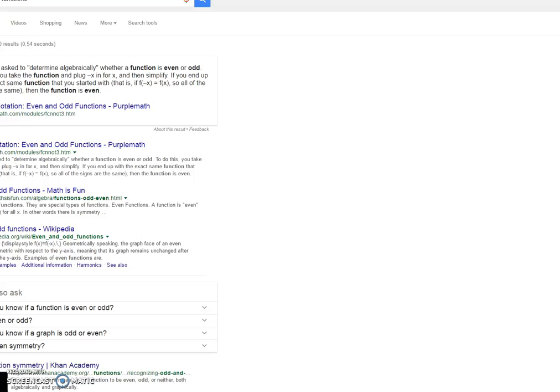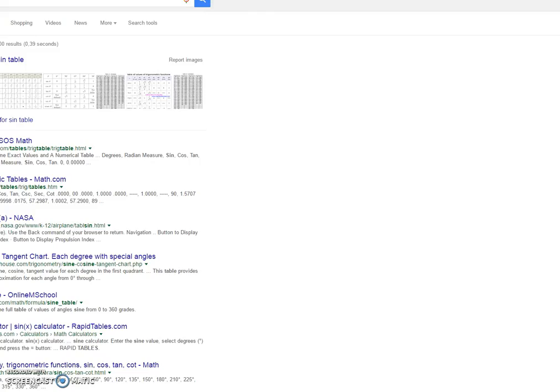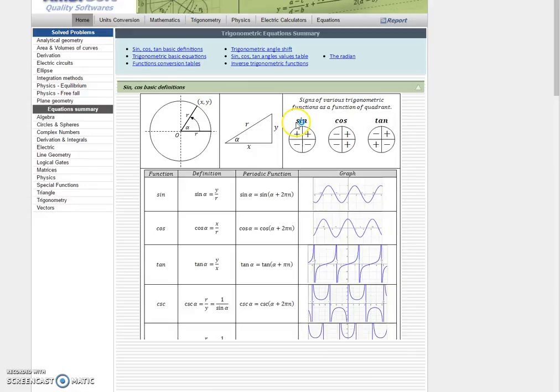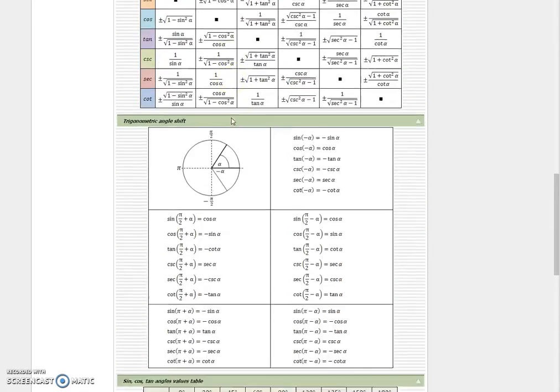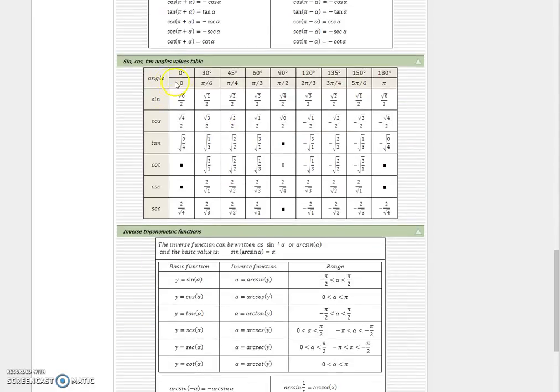I don't want to make any mistakes. So sine theta. Any of these tables would do. So sine 0 is 0.